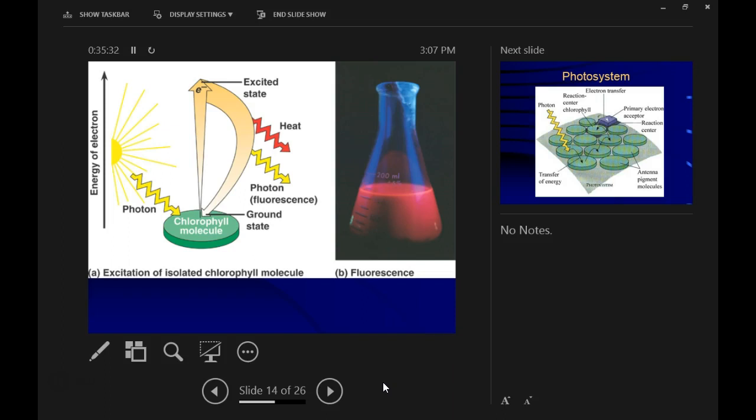So in this case, the light being given off has a longer wavelength than the ultraviolet. You'll notice it's red in color. Ultraviolet is like 350. That's 700. That's what we mean by fluorescence.